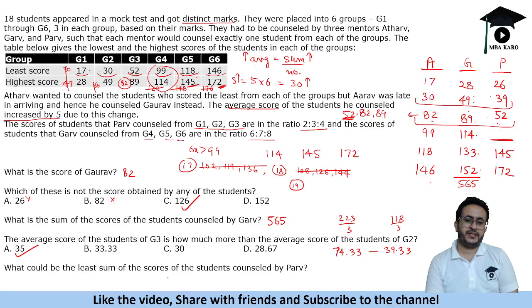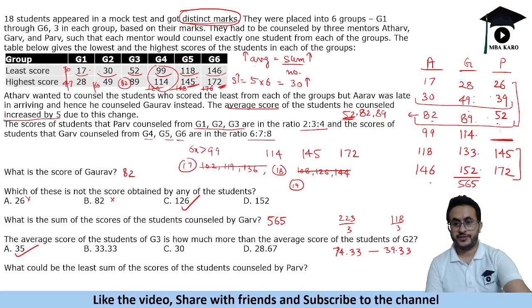What could be the least sum of the scores of the students counselled by PER? So you have to find the least sum. Now these totals we already know, and we are given that each one of them had distinct marks. So distinct means different values. So 99 is a number present over here, so we will try to put the minimum, that is 100.